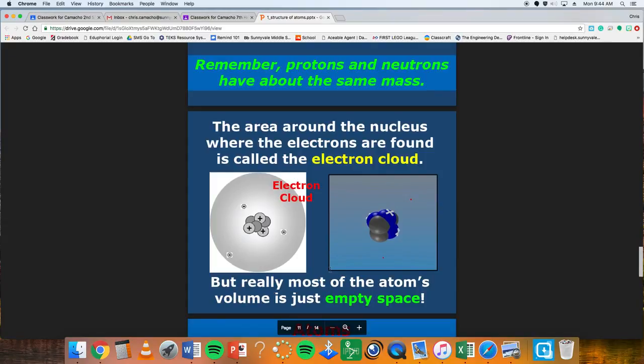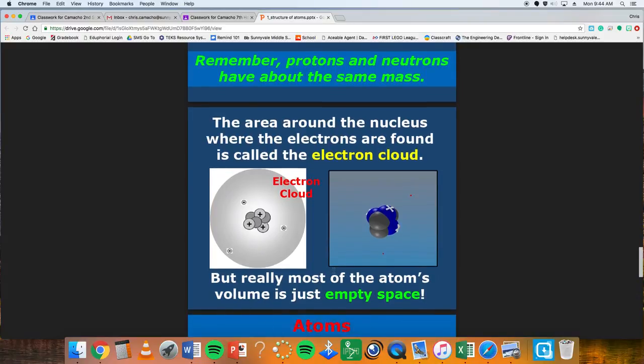Electrons are found around the outside in the electron clouds, also called the orbital or the energy shell. But they are practically weightless.